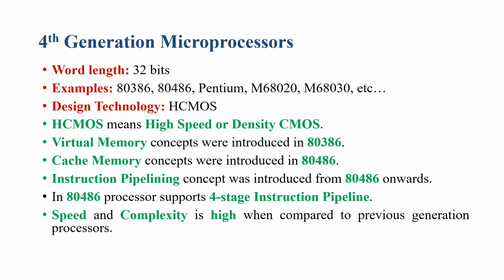The first one, the virtual memory concept, was introduced in the 80386. The cache memory concept as well as the instruction pipelining concept were both introduced in the 80486. The 80486 processor supports a 4-stage pipeline, and automatically the speed and complexity of these processors is high compared to previous generations.